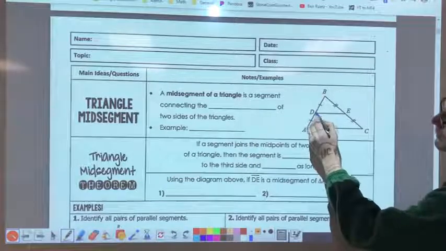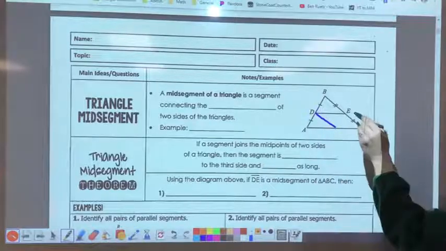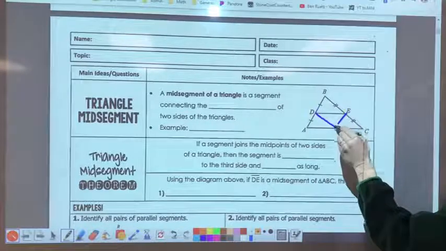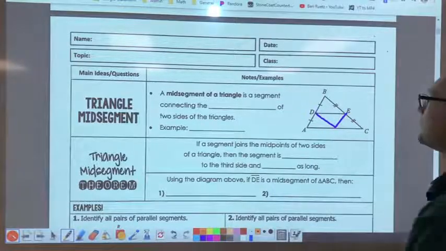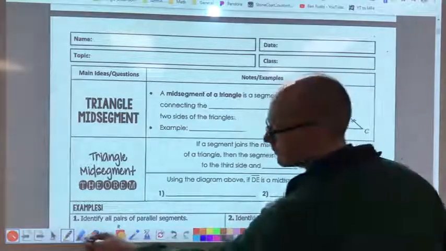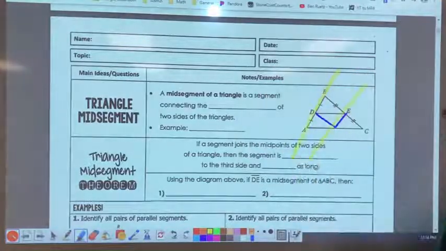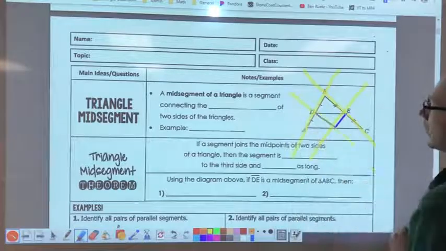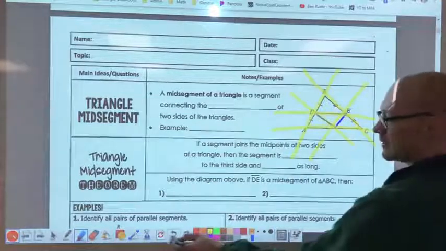But if I draw a line down here to make another midsegment and another midsegment right here, what we can hopefully see is that these are parallel, these are parallel, these are parallel. Everything is parallel.